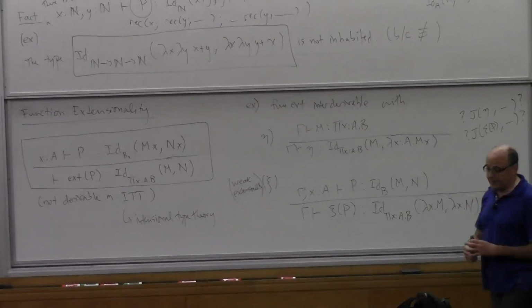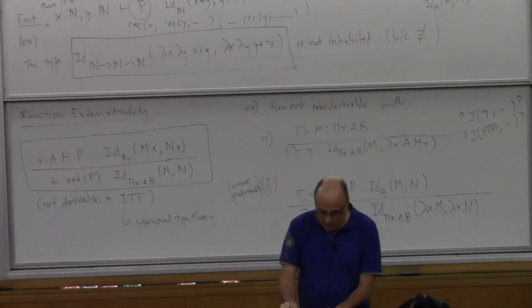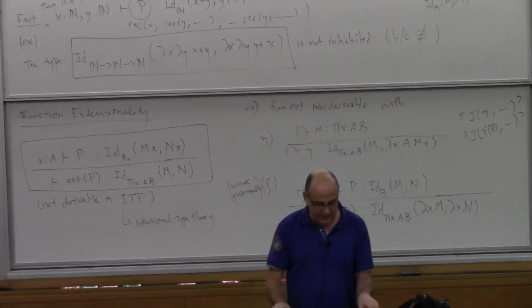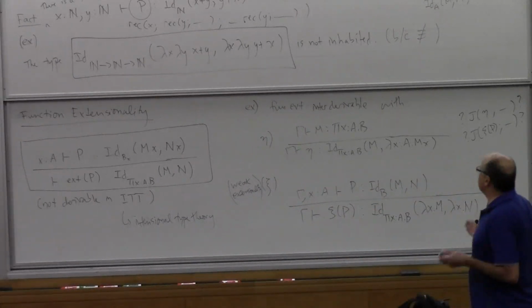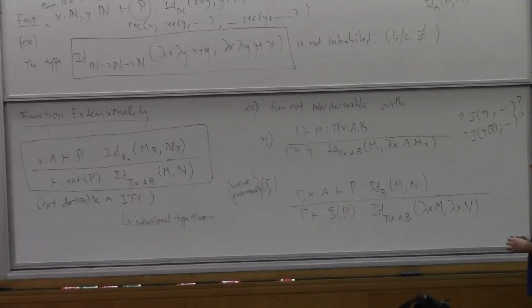So function extensionality is not already present in the type theory as I've defined it. So now the question is, what do you do? How do we react to this situation? Now there are various moves we can make. The first thing I want to get across is this.